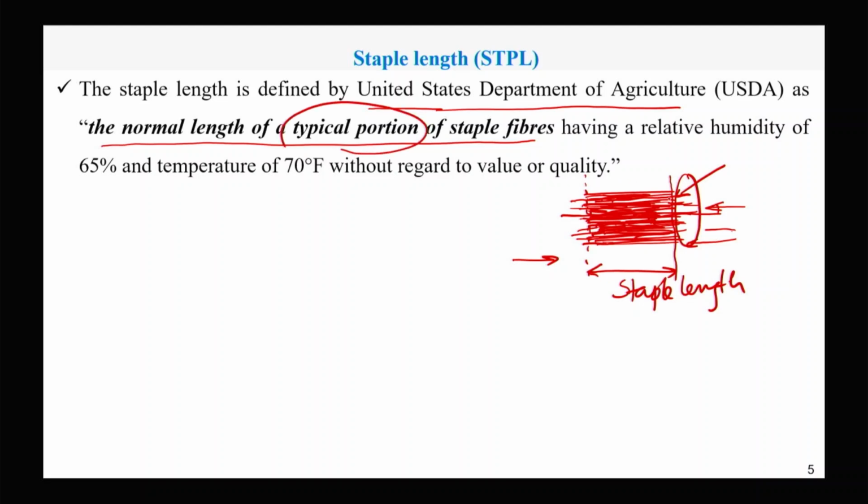This is called the typical portion of fiber. We are not concentrating on measuring the mean length or longer fiber length, but the typical portion where suddenly concentration has increased. So we can see here, if we go from the edges, so it will be there. So this is the concept of staple length.